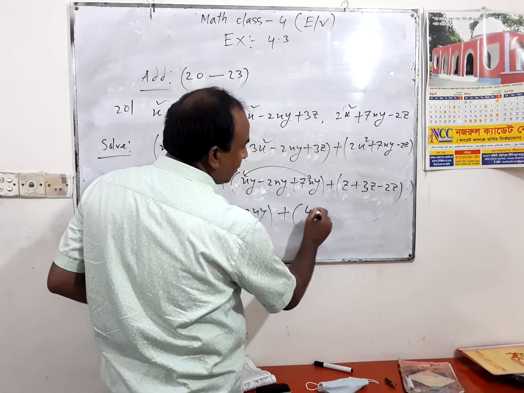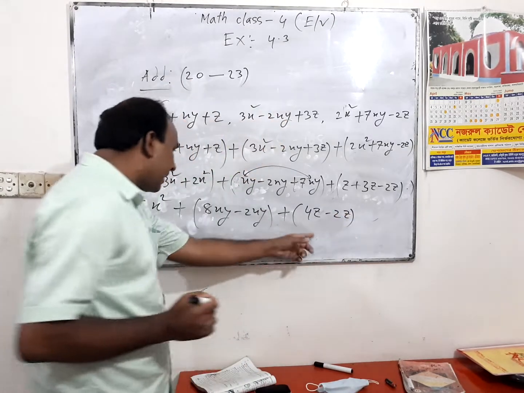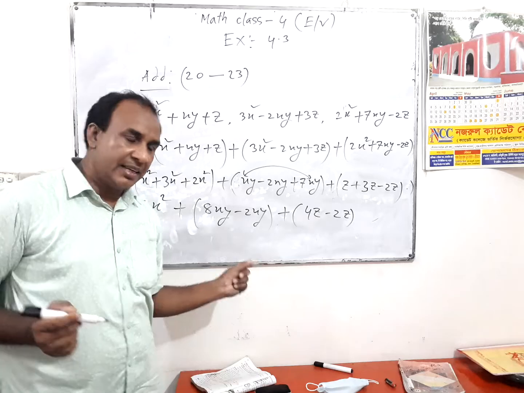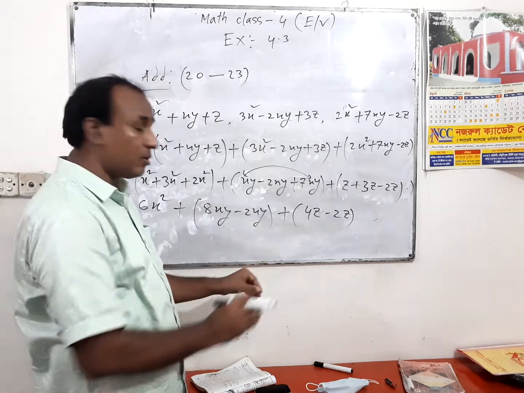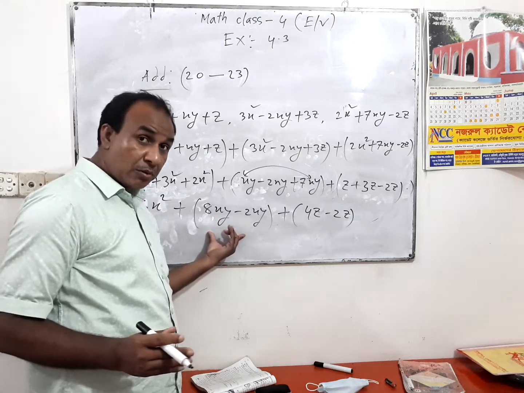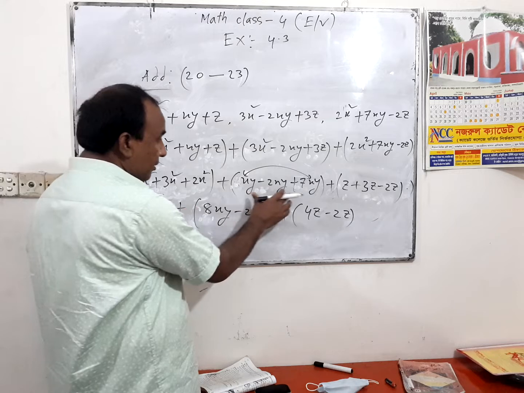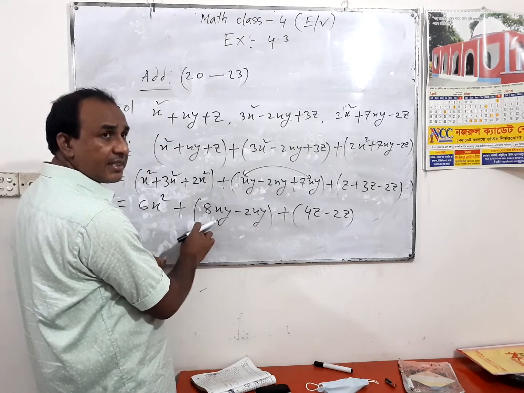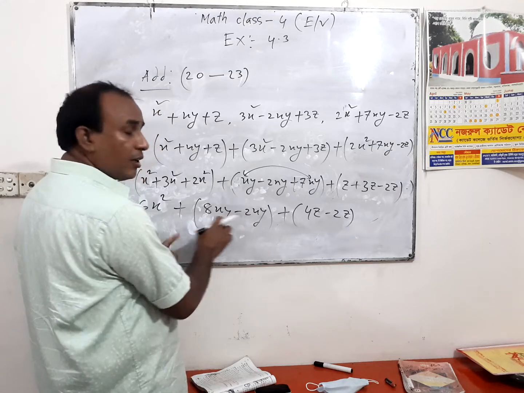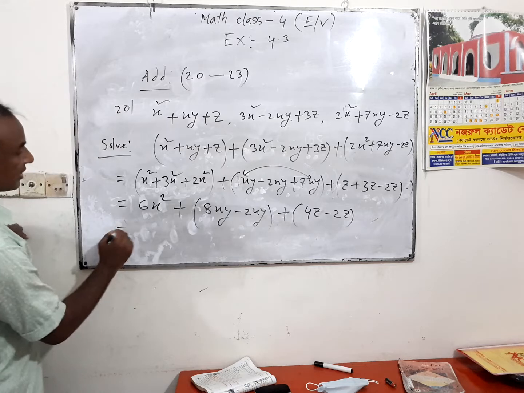Totally together, 1 and 3 make 4z, minus 2z. The bracket is there. Before I said, inside the bracket, all terms have not yet converted into 1 term. That's why the bracket is still there. When all the work is finished, the terms will be converted into 1 term. That time we withdraw the bracket.